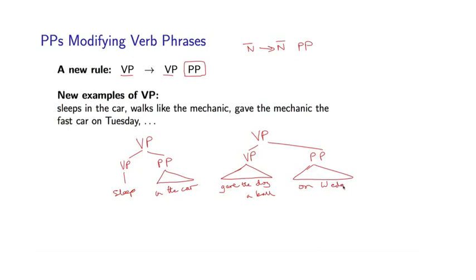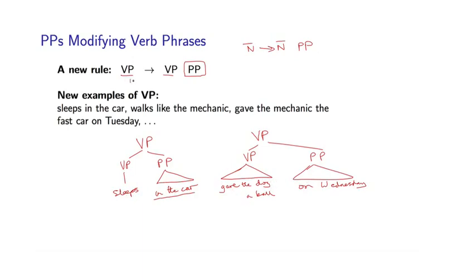That would be another prepositional phrase. So we see this basic structure: VP formed by a VP followed by another prepositional phrase. This prepositional phrase generally adds some information, for example, about the location of the event described by the verb, or the time of the event described by the verb phrase, and so on.